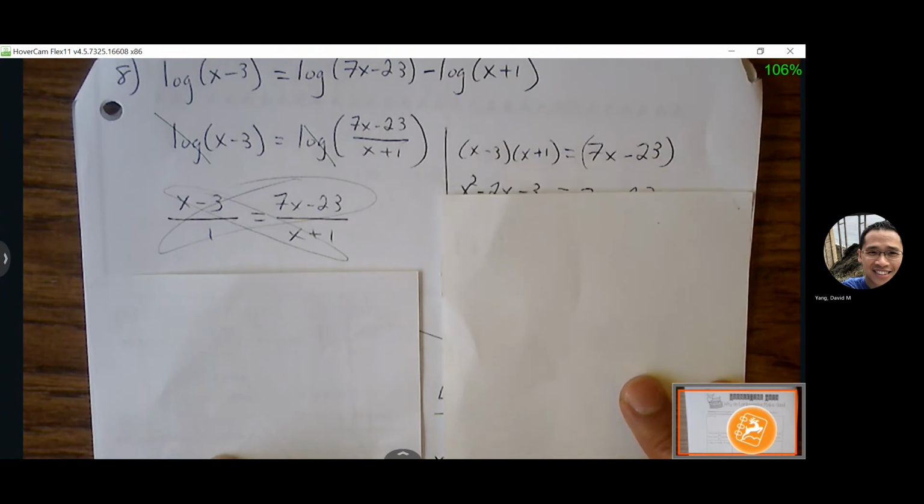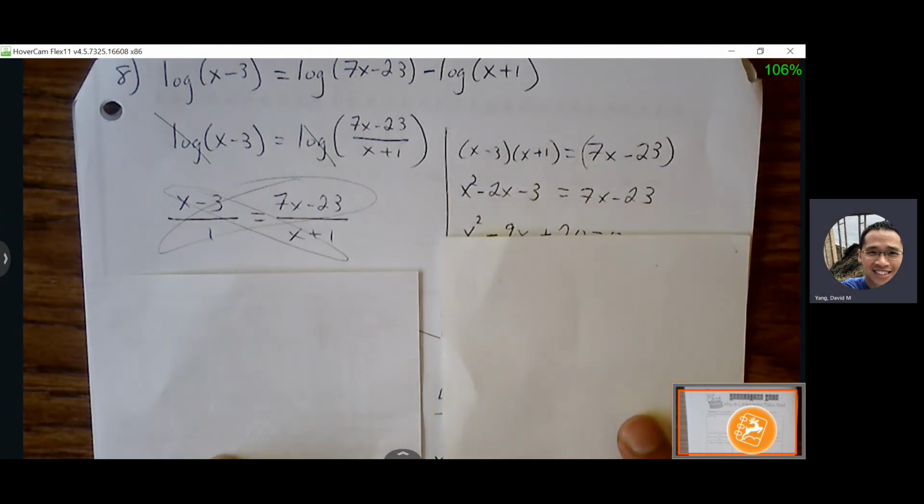FOIL, bring everything over to one side, set equal to 0, factor.